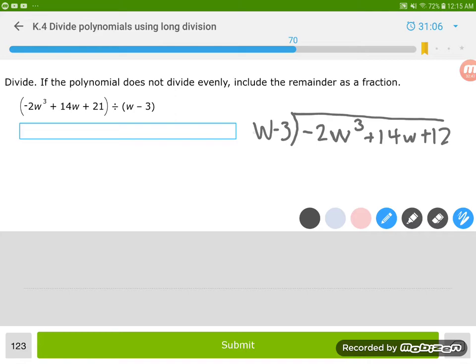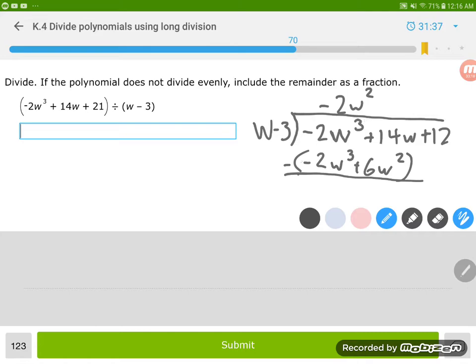So same deal, w can go into negative w cubed, negative 2w squared times. Negative 2w squared times w is negative 2w cubed. And negative 2w squared times negative 3 would be plus 6w squared. Now this is the part where you could potentially get messed up, but you need to remember like terms, right?